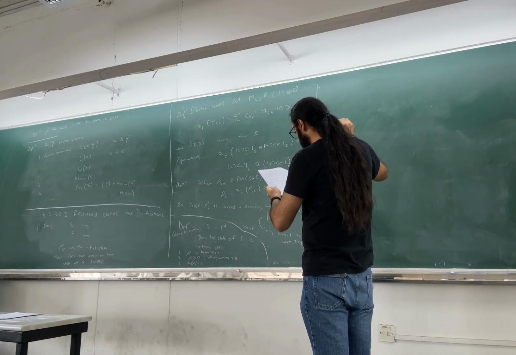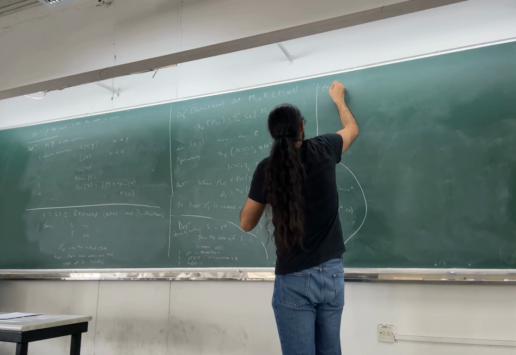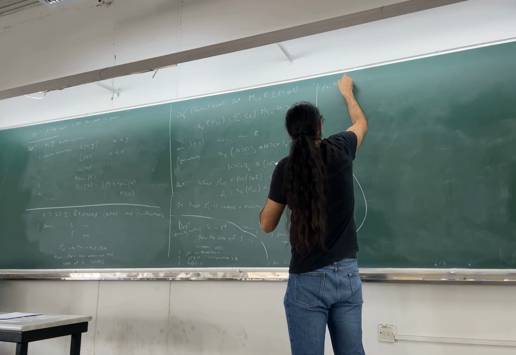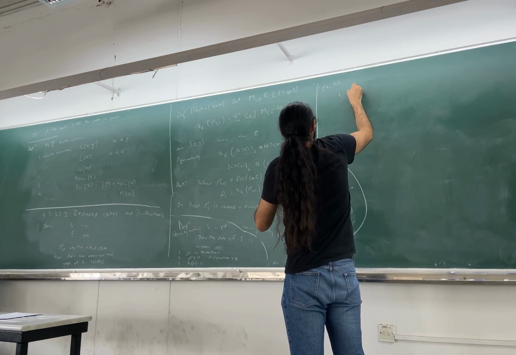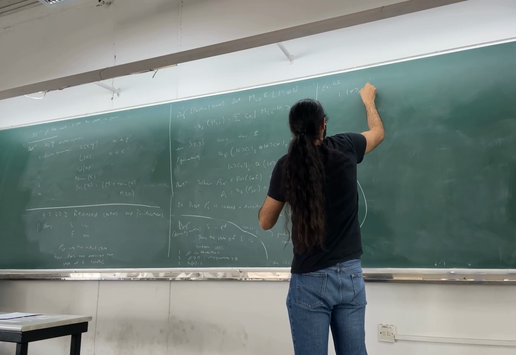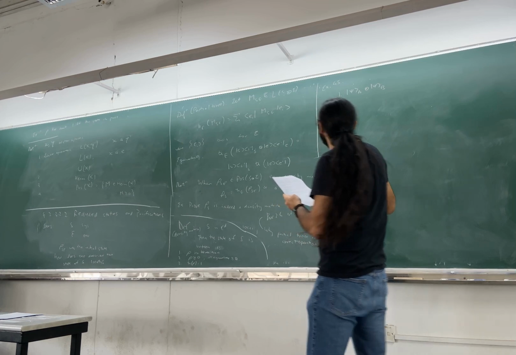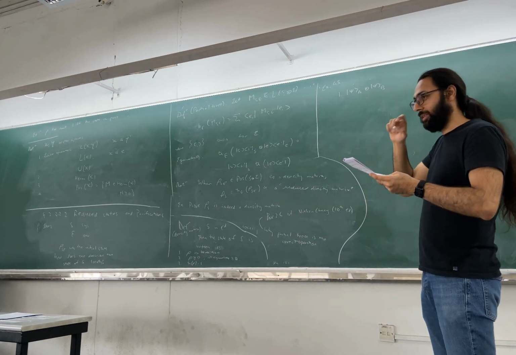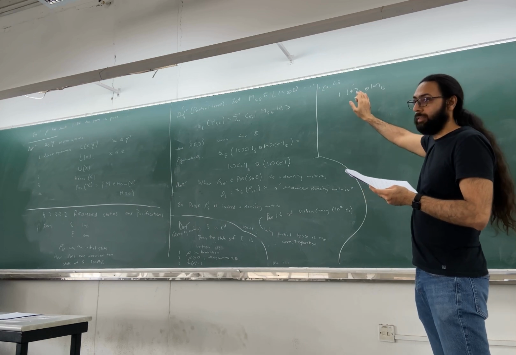Okay, so now let me actually write down one of the exercises, which is the following. First, psi A tensor psi B. If this is the pure state, what would be the reduced state on A?